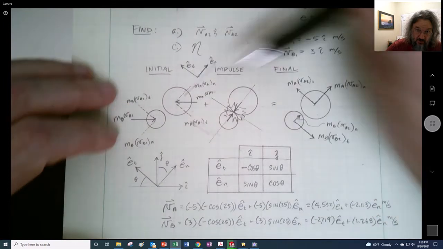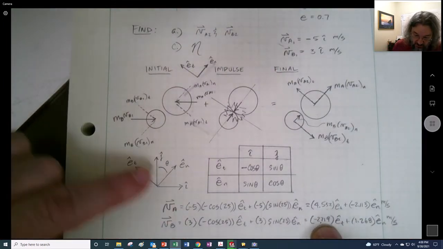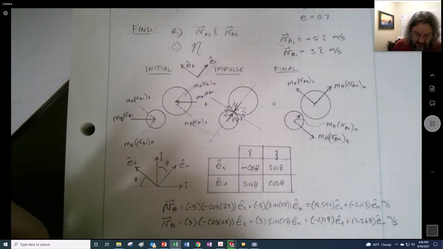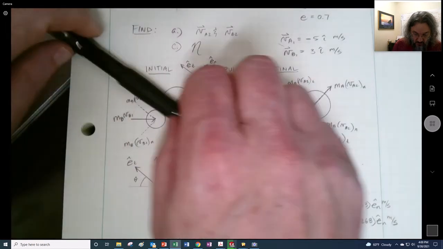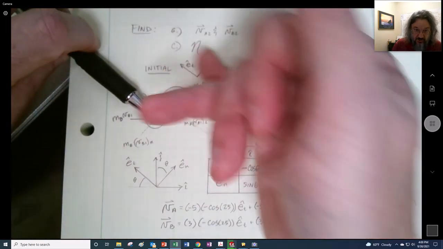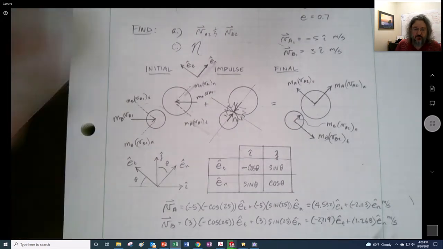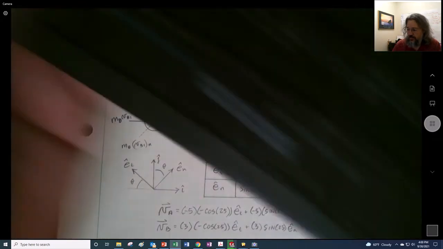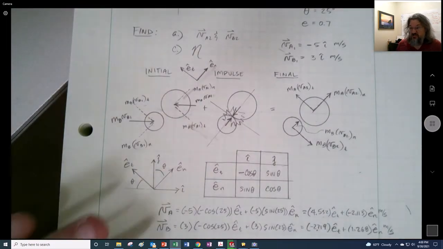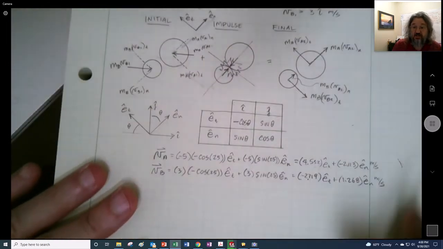So yes, we're going down. And this one, we're going in the negative t direction. So yes, tangent is that way, and this one's coming this way. Yes, so we got everything right. It's just a good sanity check to make, in case you're insane.